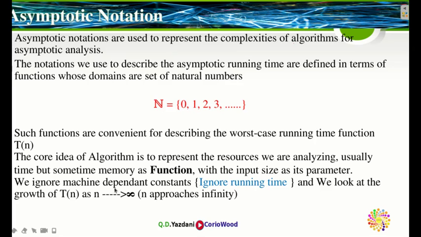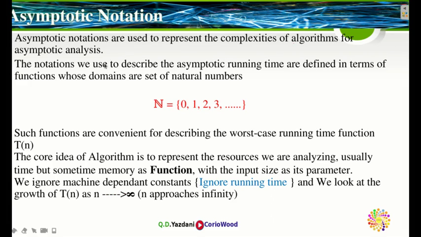We ignore the machine dependent constants, ignore the actual running time, and look at the growth of T of n as n approaches infinity.